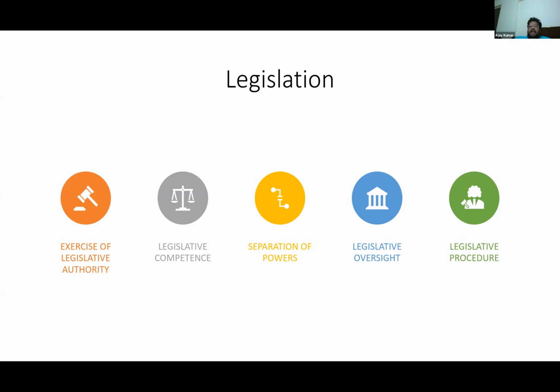All right. Now, legislative oversight is basically that when it is just a procedural power you're delegating, right? Let's say you create a law that says everyone shall have the right to move court if they have their chicken stolen from them.